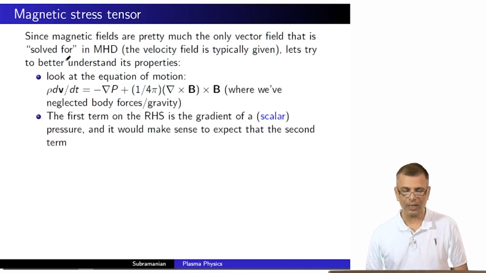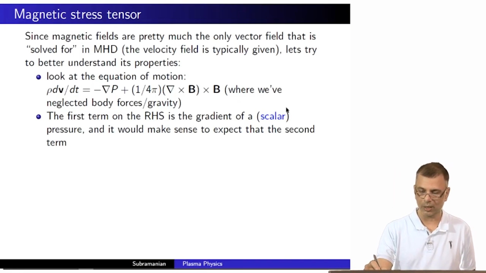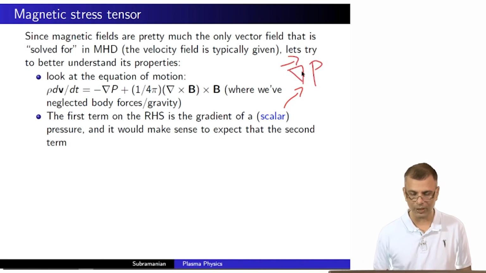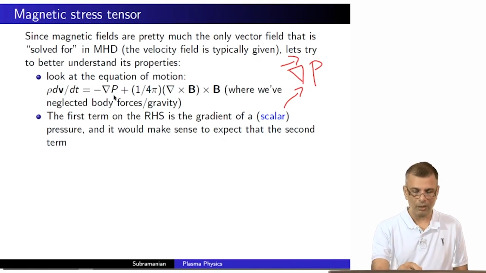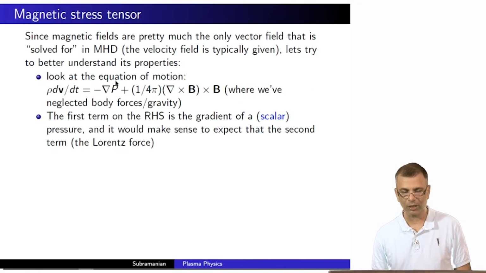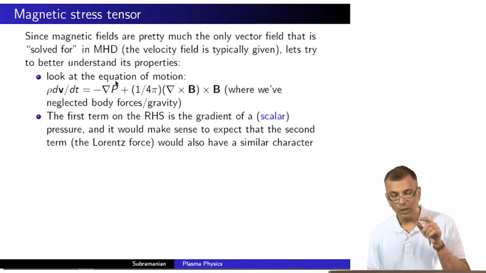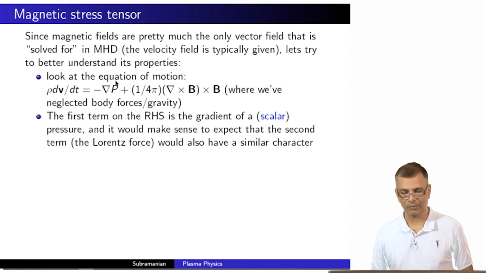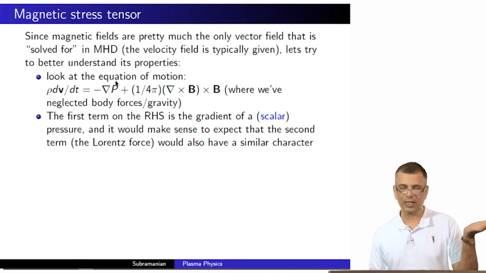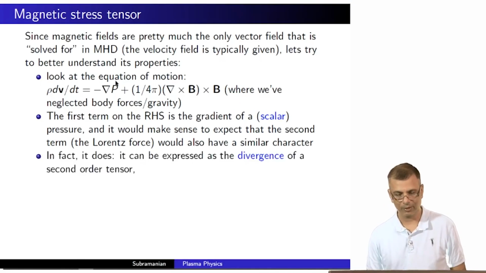And the first term of the RHS is just the gradient of a scalar pressure, and therefore it would make sense to expect that the second term, the Lorentz force, should also have a similar character. At the end of the day, this should also look like the gradient of a scalar pressure. This entire term, this curl B cross B.